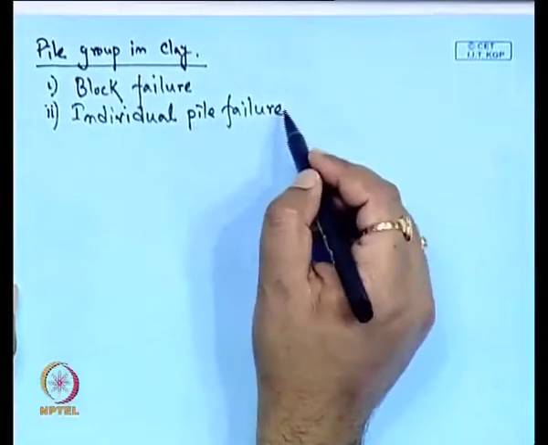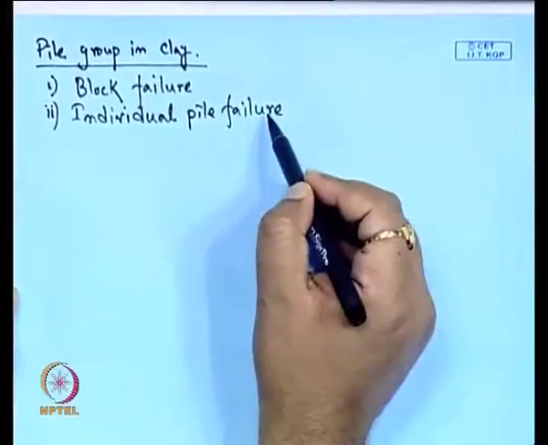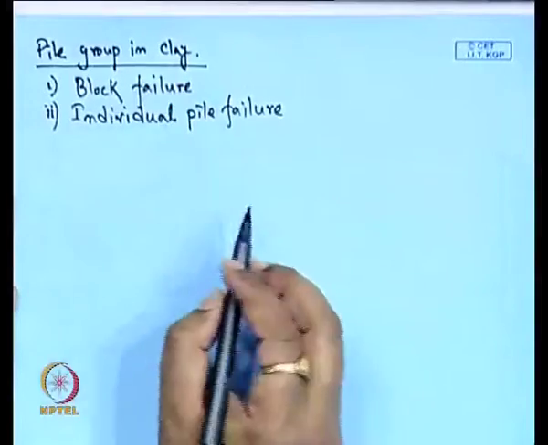If the spacing between the 2 piles is generally more, then individual pile failure may occur, and if it is less, then block failure will occur generally.